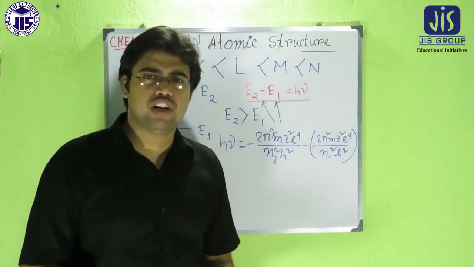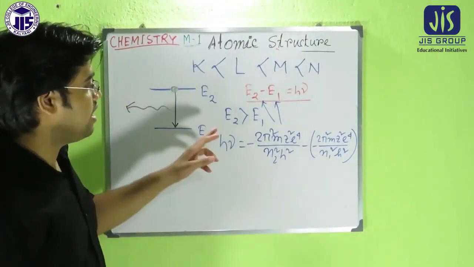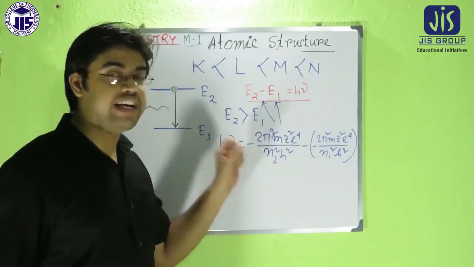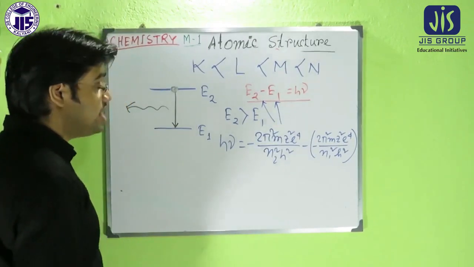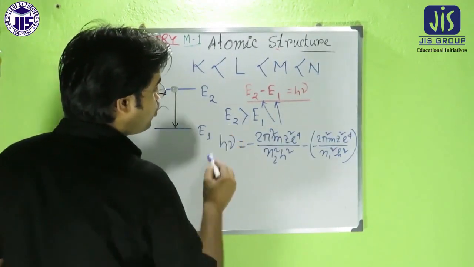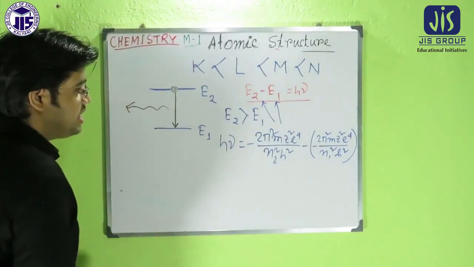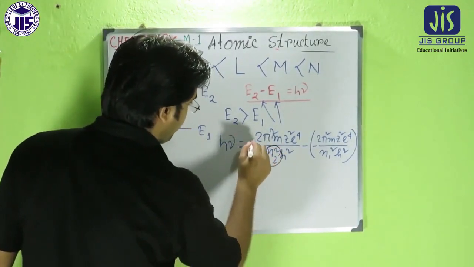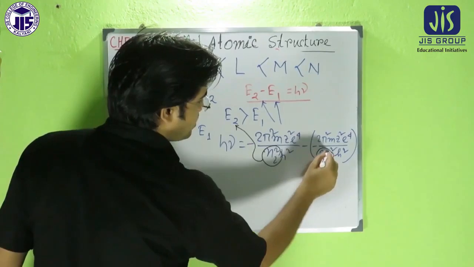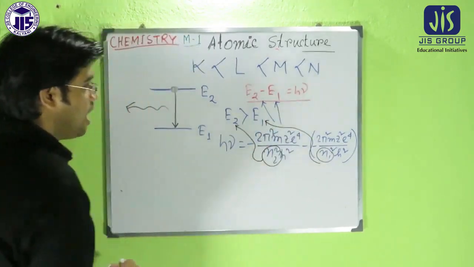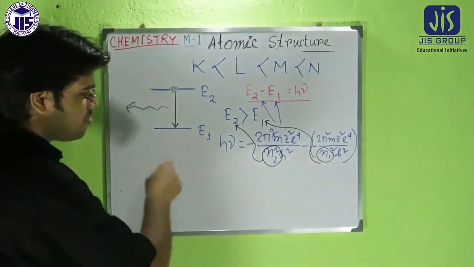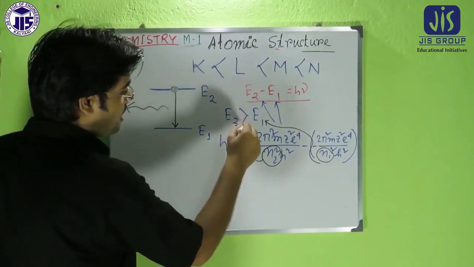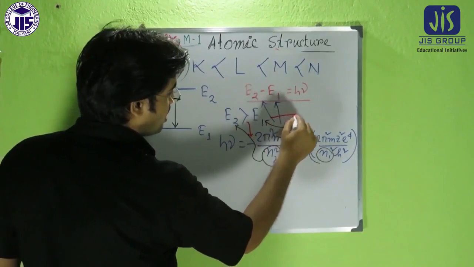According to Bohr's model, what we calculated, the energy expression is equal to minus 2 pi square m z square e to the power 4 by n square h square. Now if we take n2 as the orbit corresponding to E2 and n1 as the orbit corresponding to E1, then we can write one energy expression for E2 and another for E1.